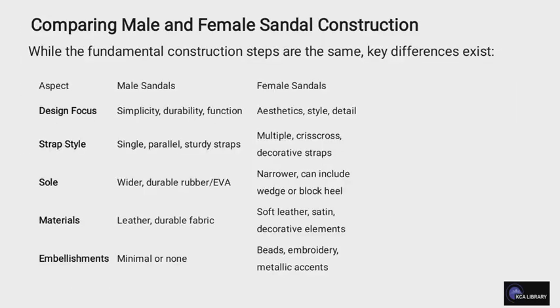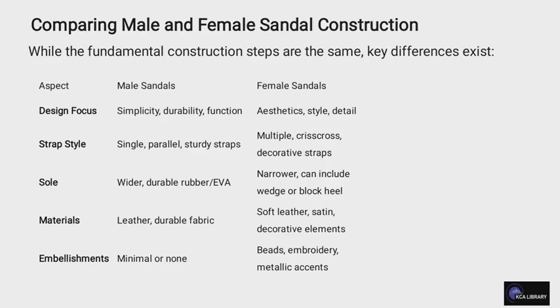If we compare male and female sandal construction, as per the design focus, the male is more on simplicity, durability, and function, while the female is more of aesthetics, style, and detail. For the strap, for the male, it's a single parallel sturdy strap, and for the female, it's multiple crisscross decorative straps.